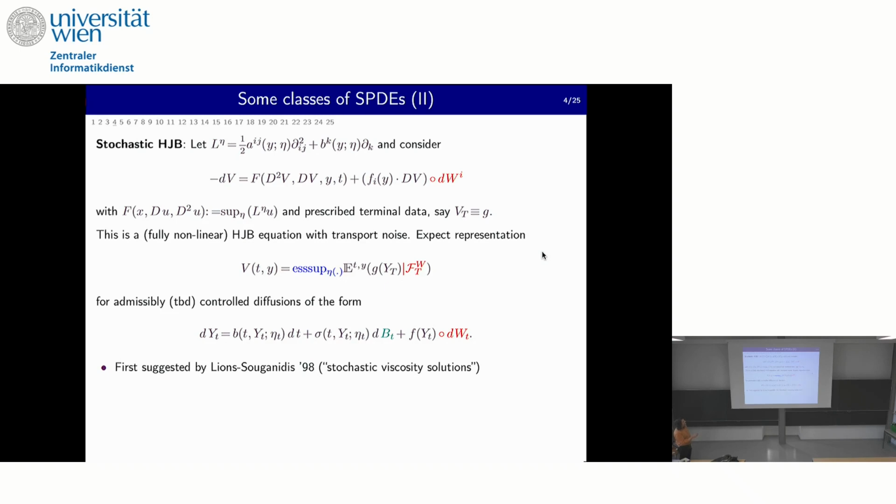So if you forget this for a moment, this is a classical problem, and this backward PDE is the PDE satisfied by the value or cost function that you have when you do stochastic control of Markovian diffusions.